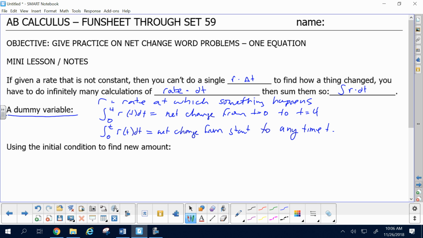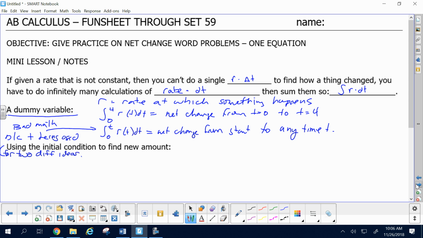Okay. Now, a dummy variable. This is bad calculus. In fact, it's just bad math altogether. Because t is being used for 2 different ideas. It's used to represent the rate function variable.